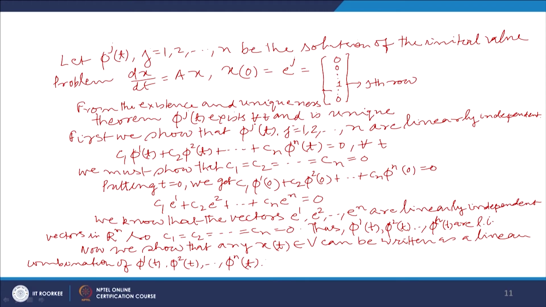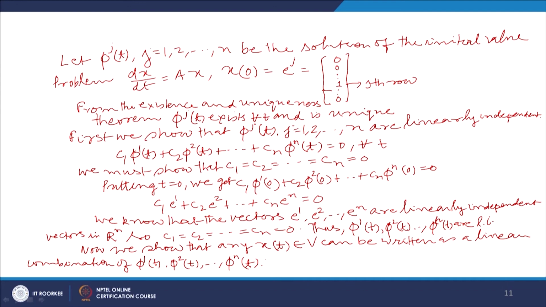So that will mean that the span of the vectors phi 1 t, phi 2 t and so on phi n t is equal to B. And since we have already shown the linear independence of phi 1 t, phi 2 t and so on phi n t, it will follow that they form a basis for the vector space B.